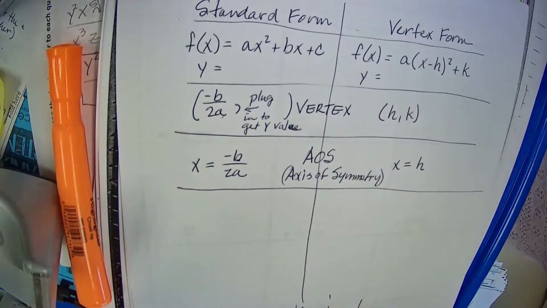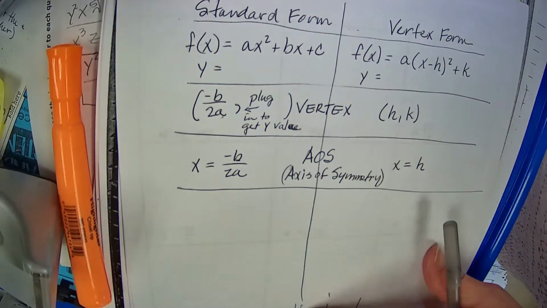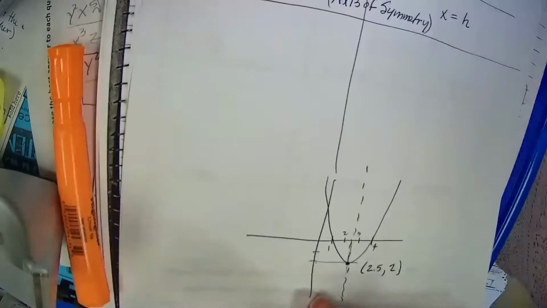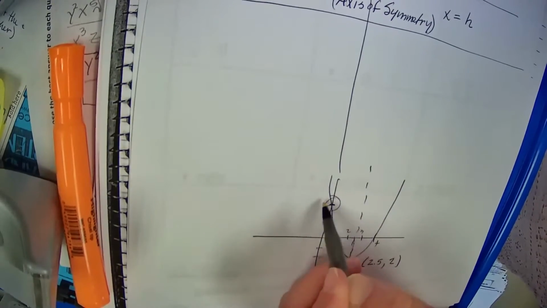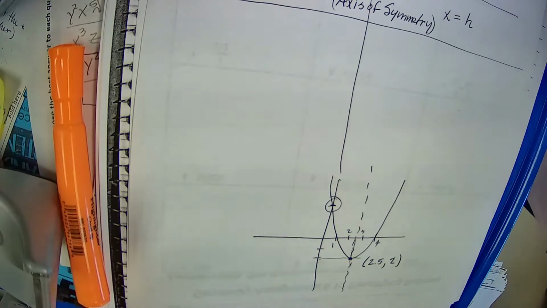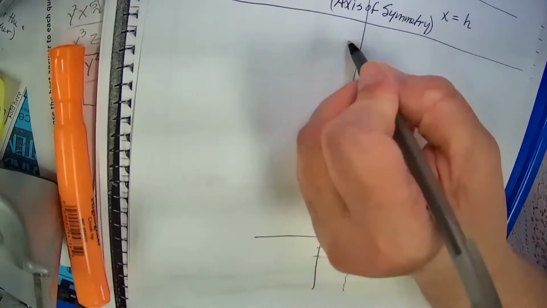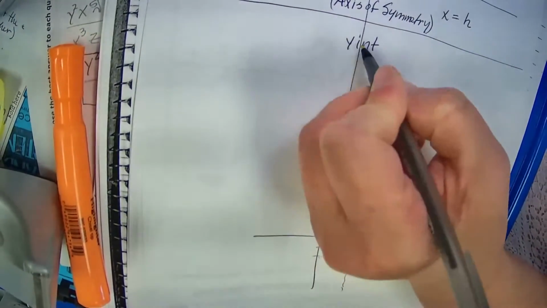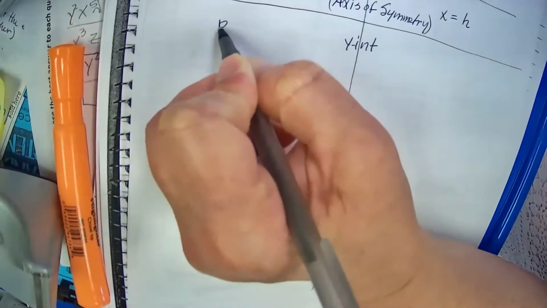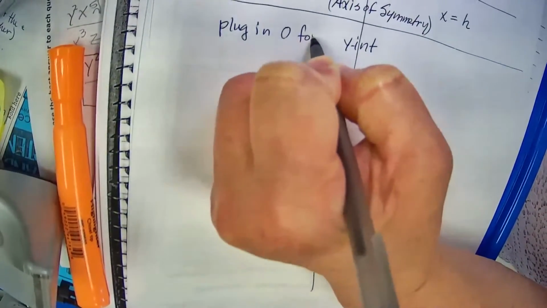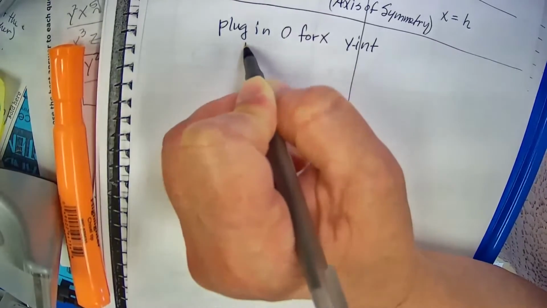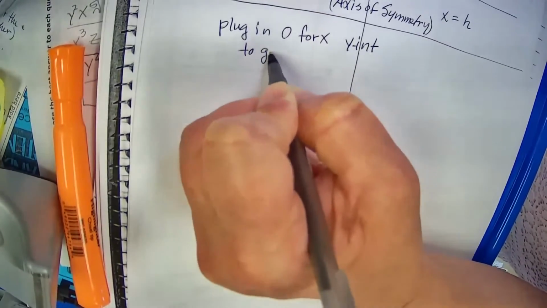Now, if you want the y-intercept, what's always true at the y-intercept? What's the x value always going to be at the y-intercept? 0. It's always going to be 0. So you plug in 0 for x and you get your y-intercept. A lot of times they'll ask you for the y-intercept, and in that case, you plug in 0 for x to get y.